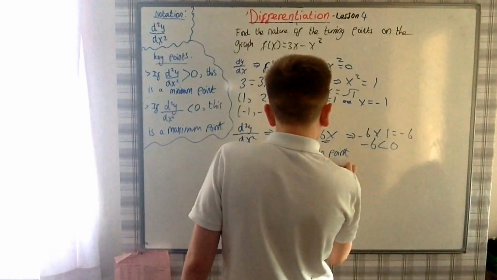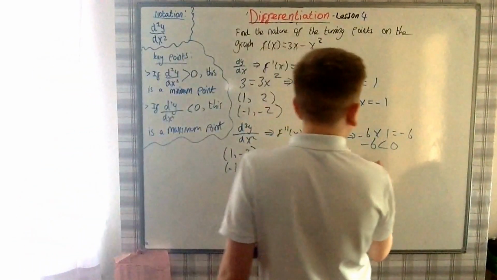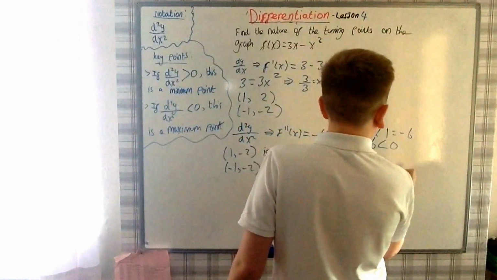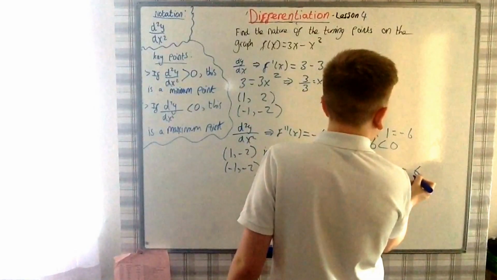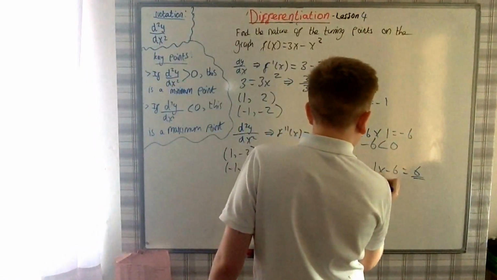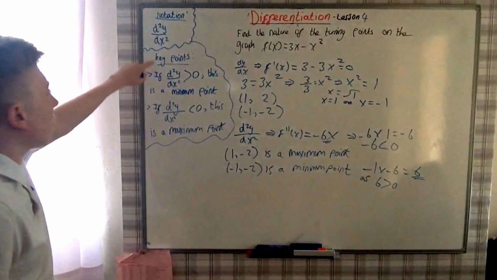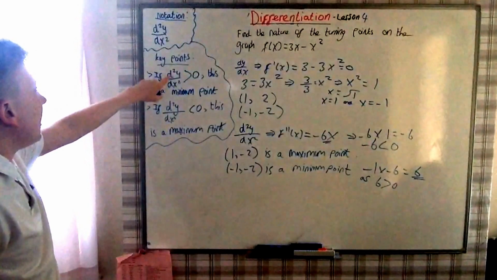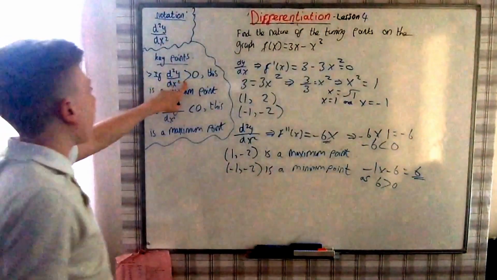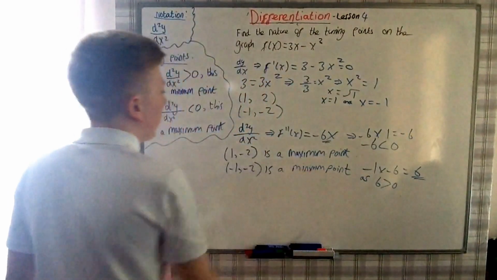Proving this, we say that minus 1 multiplied by minus 6 equals positive 6. As 6 is greater than 0, once again referring back to the key points at the start of the lesson, if d squared y over dx squared is greater than 0, then it's a minimum point. 6 is greater than 0, therefore this is a minimum point.